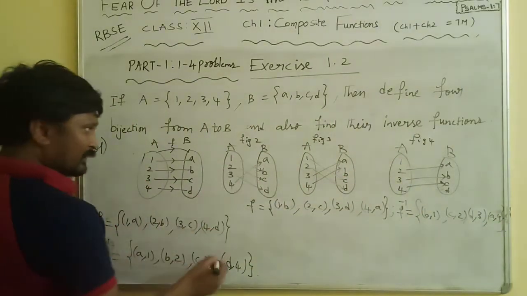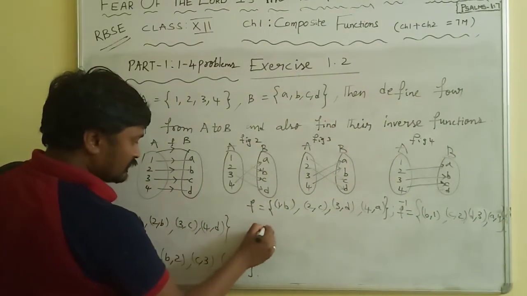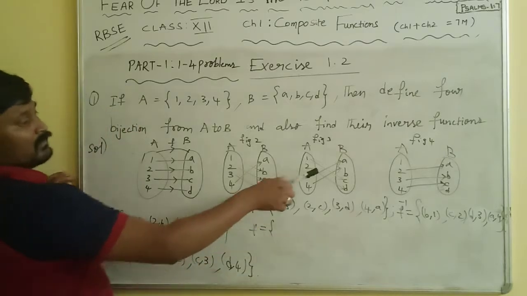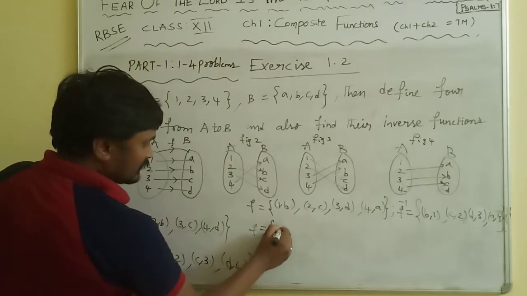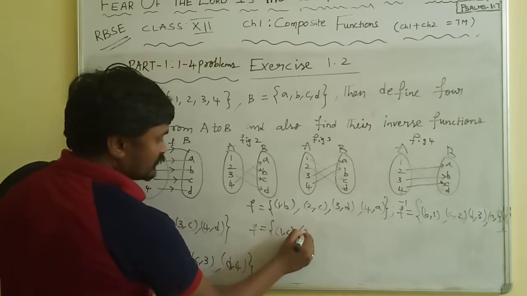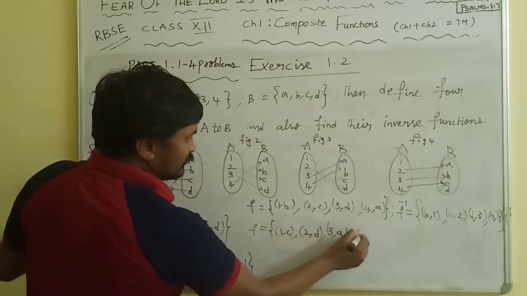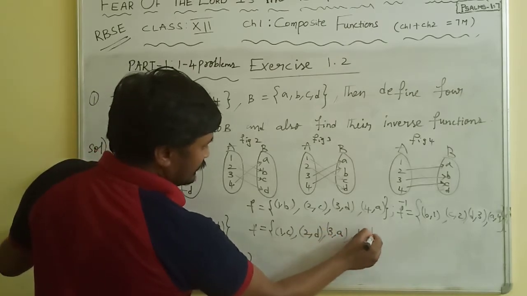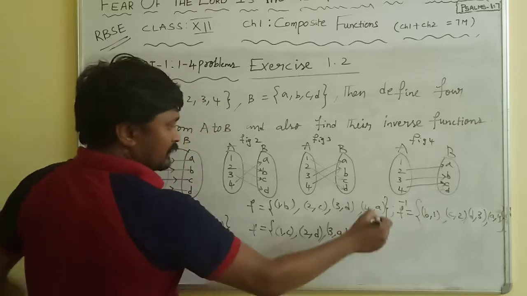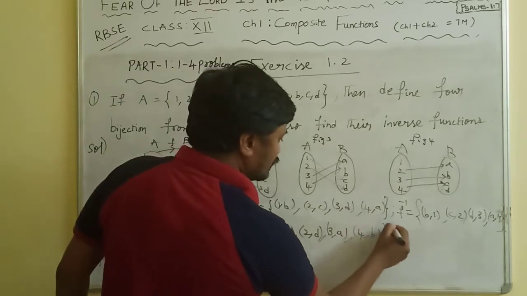Again we'll go for the next, figure 3. What is F? (1, C), (2, D), (3, A), (4, B). And what about F inverse here?